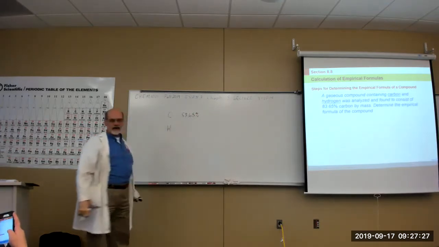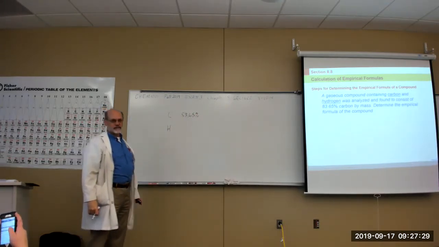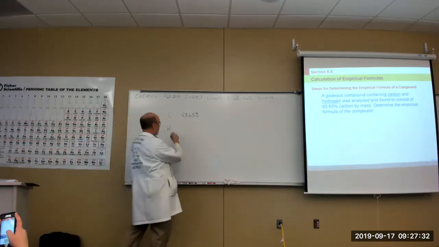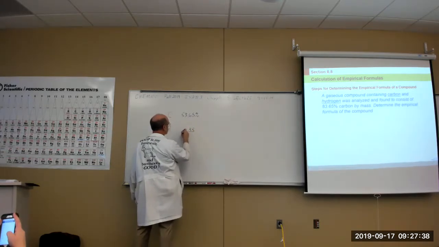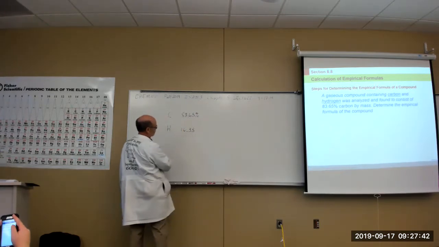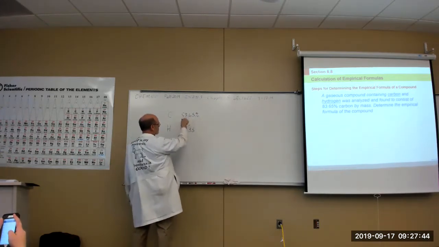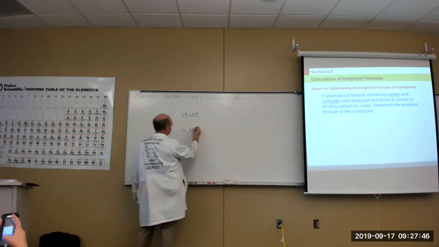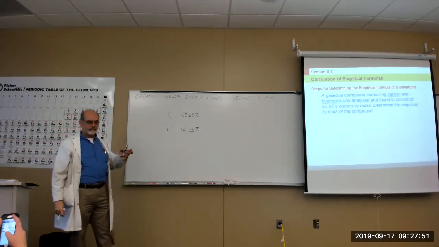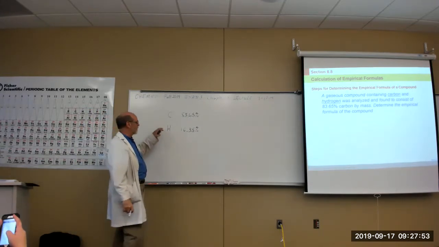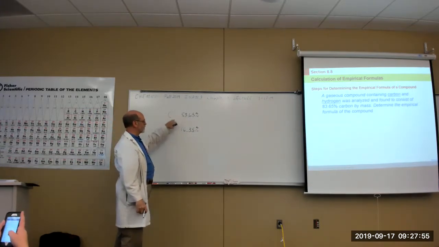Okay, how much hydrogen do we have? Exactly, right? So this is going to be 16.35. Okay, did I lose anybody? Okay, so this is the percentage composition for each one.